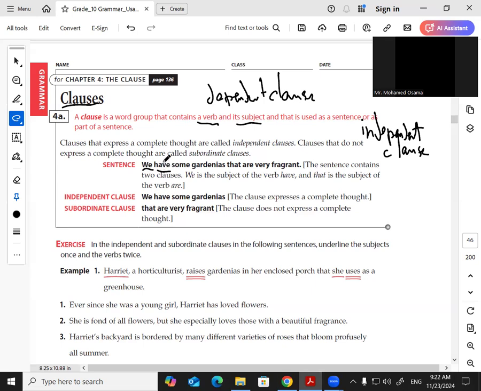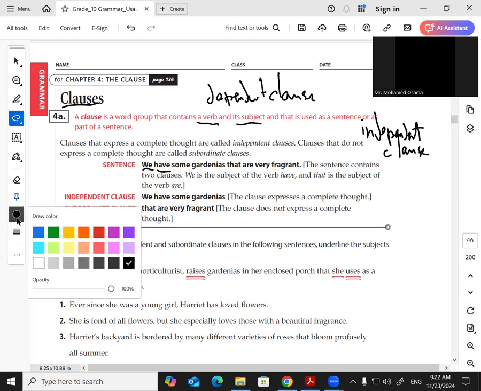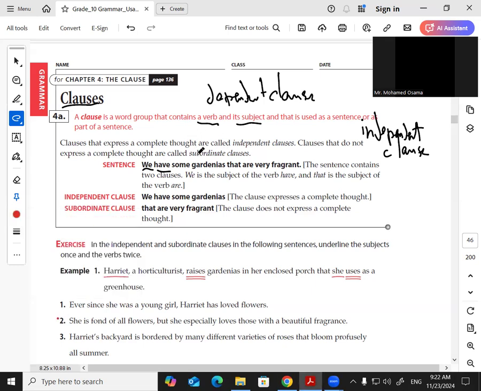And at the end, I understand a complete thought, that we have some gardenias. This is a complete thought, so we can call this an independent clause.